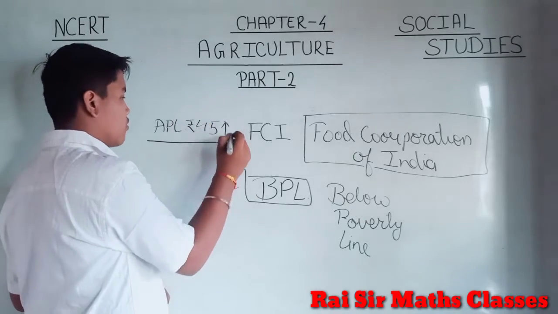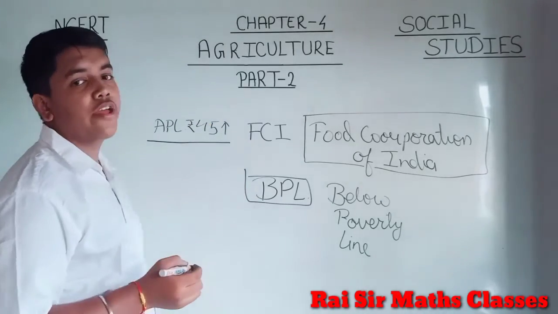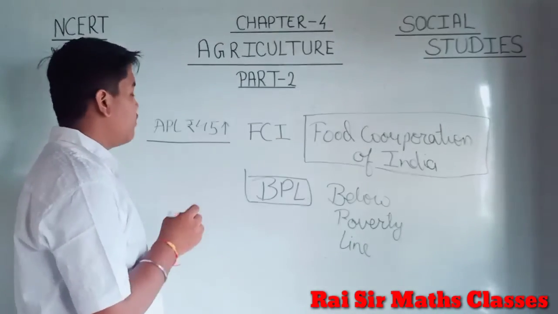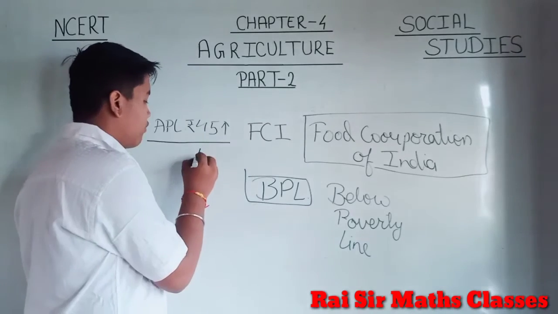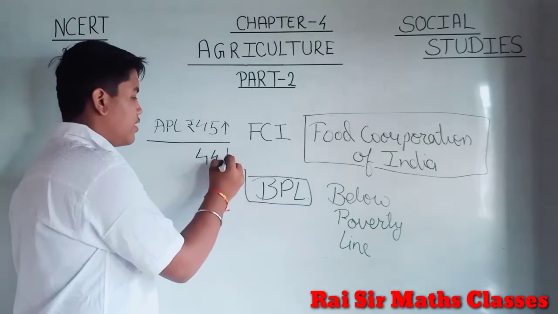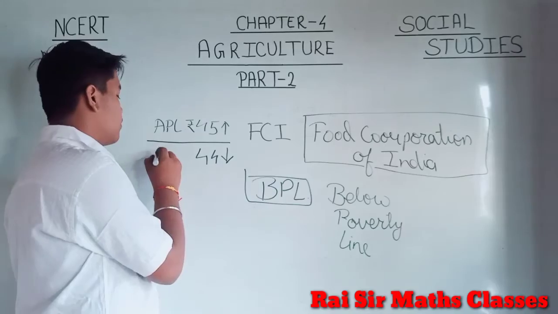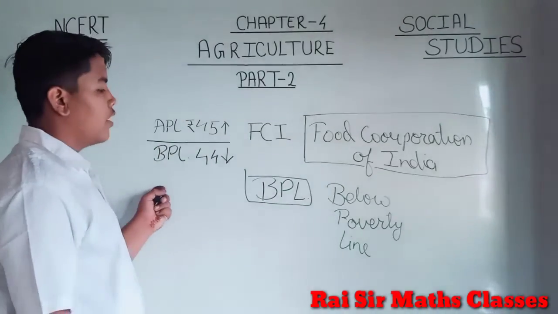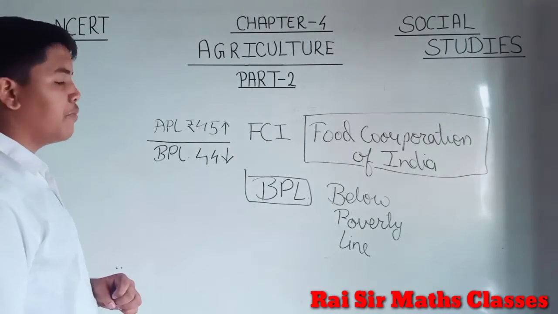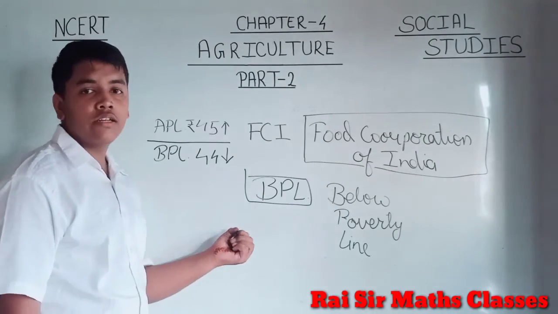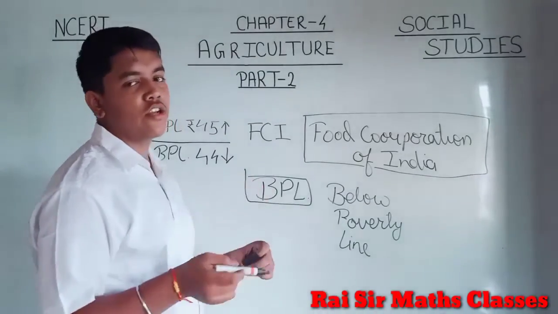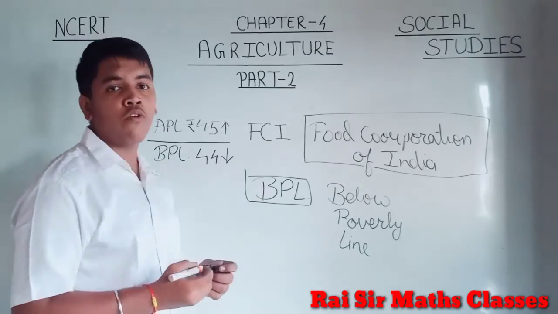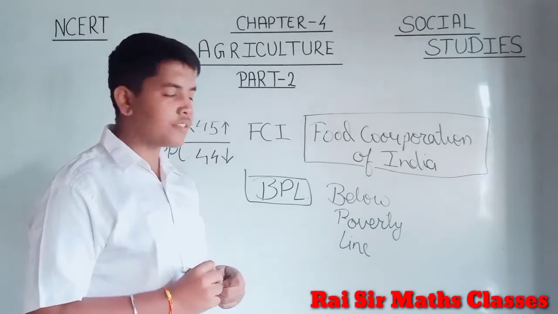If he is not able to earn 45 rupees, or if he is earning 44 rupees, he is termed to be below poverty line, that is BPL. So in the BPL system, a list of people is decided so that the FCI, the Food Corporation of India, finds it easier to solve the problem of food scarcity or protein scarcity.